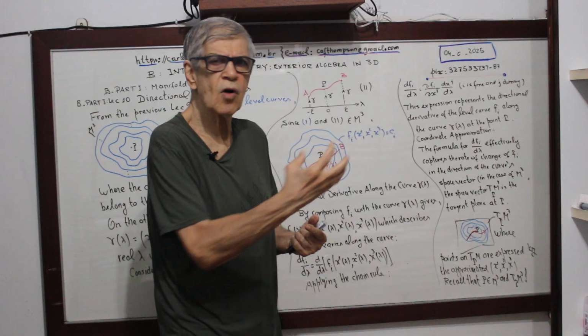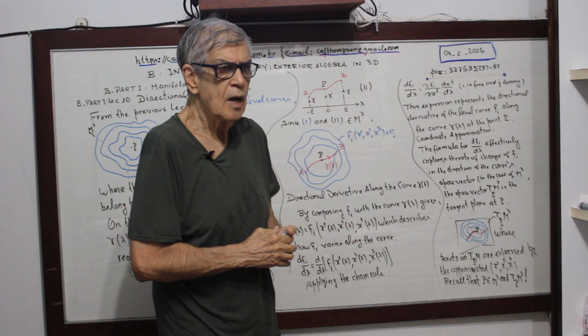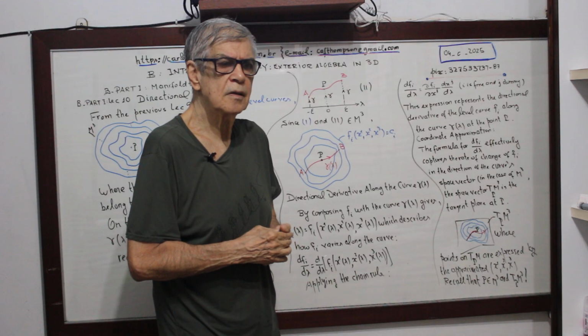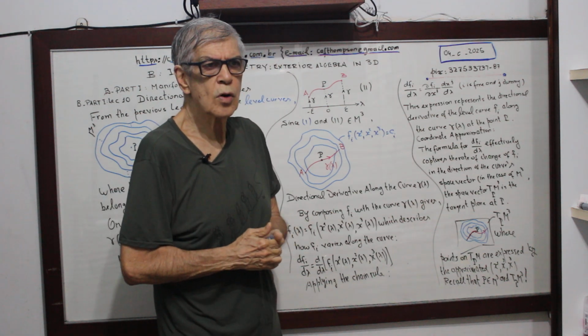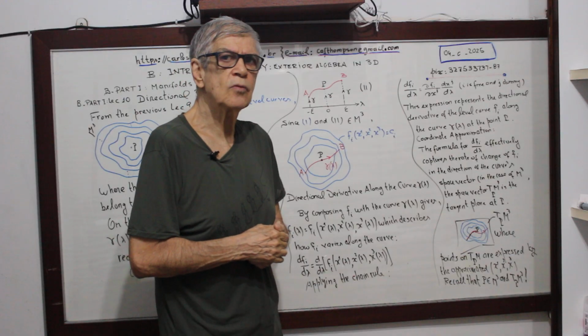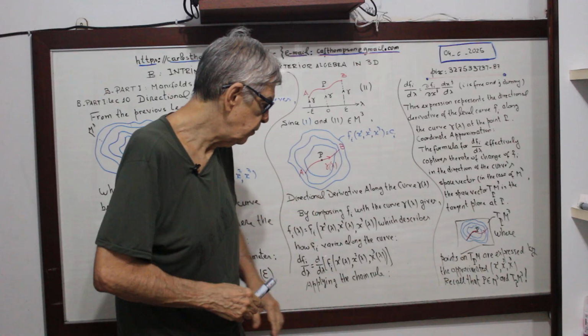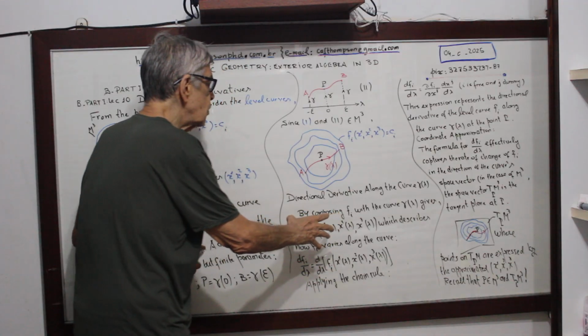Because I solved a numerical example showing a two-dimensional manifold, and the vector space is a straight line. When you work in four dimensions, the vector space is not a plane, as we will see later. So that's the directional derivative, okay?